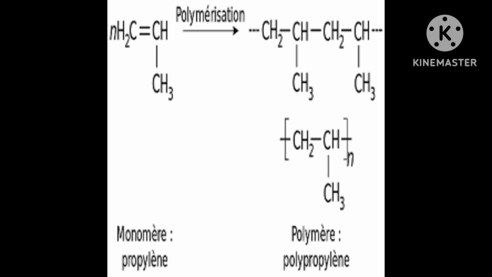Again, that double bond will break and convert to the alkane, single bond. Means from the triple bond, a double bond can form, and the double bond can convert into a single bond. Then it will form alkane. So alkyne can convert to alkene, and alkene can convert to alkane. Keep this in mind.